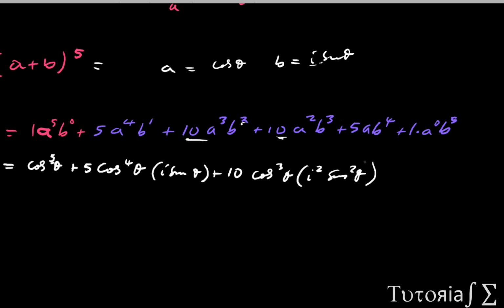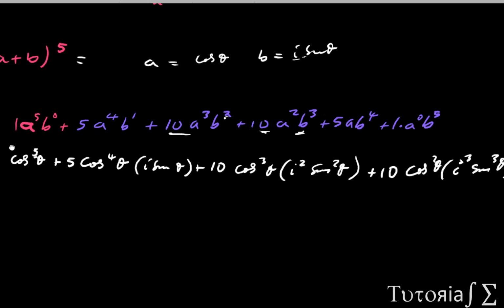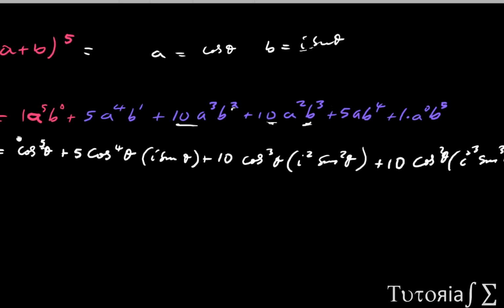Then we are here, we say plus 10 a to the power 2, that is cos squared theta. Then b to the power 3, so that is I to the power 3, and sine third theta. So that would be that.